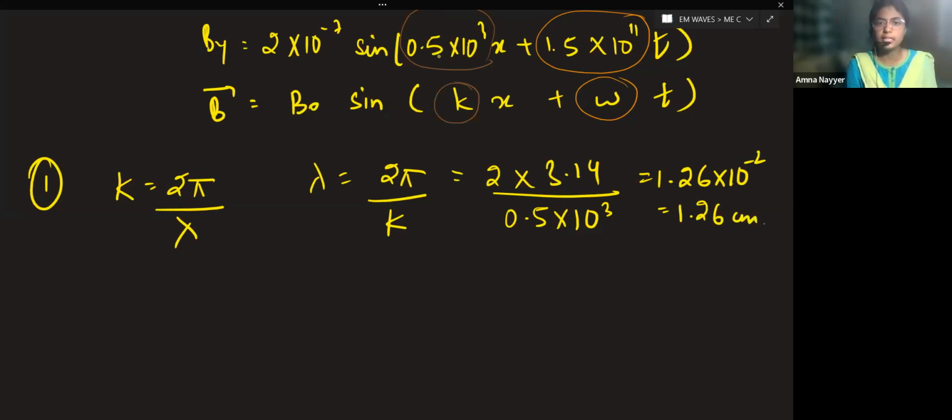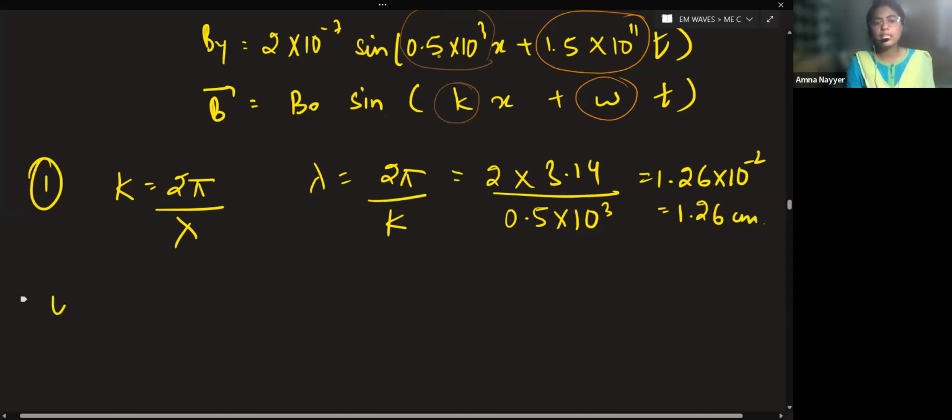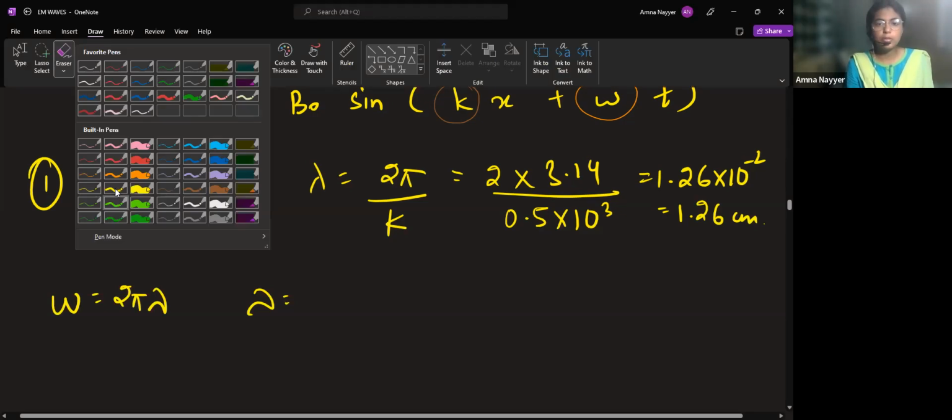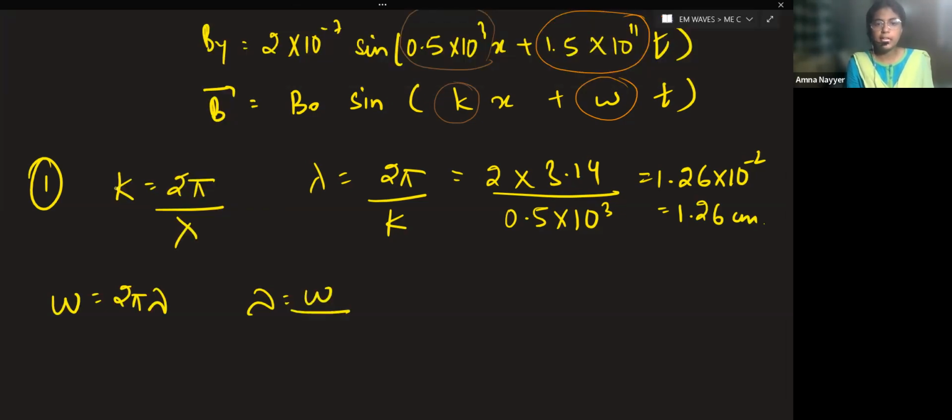That's the wavelength. For frequency, omega is equal to 2 pi nu. So nu will be equal to omega divided by 2 pi.